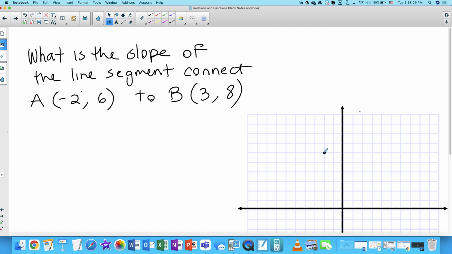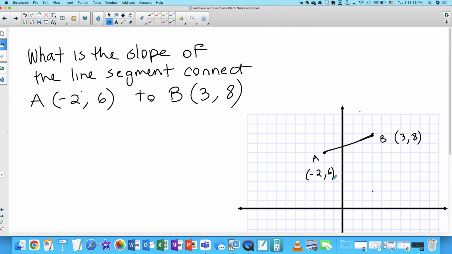Okay, here's A, here's B. I'm going to connect those. This is the point 3, 8, and this is the point -2, 6. So when you're doing this, you just organize it as a fraction. What is my rise? The rise is 2.